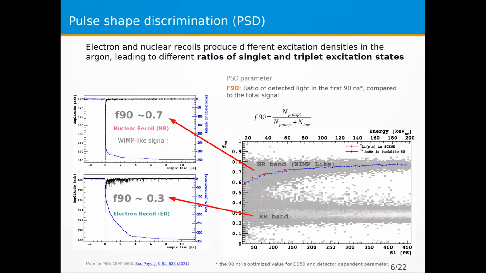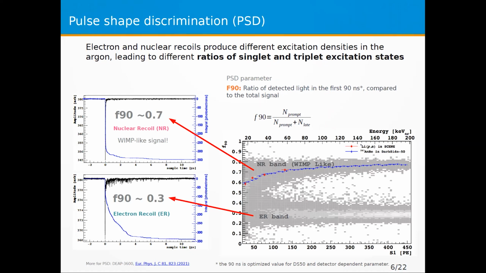So a couple of words about the pulse shape discrimination technique. There are two characteristic bands, a WIMP-like band, the nuclear recoil band, created in F90 parameter space. So F90 is a parameter that just calculates the amount of light, the integral of light in the first 90 nanoseconds of the pulse, versus the whole integral of the whole signal.